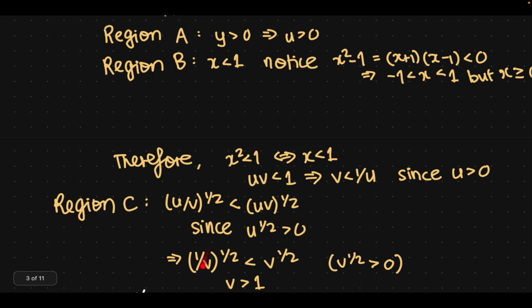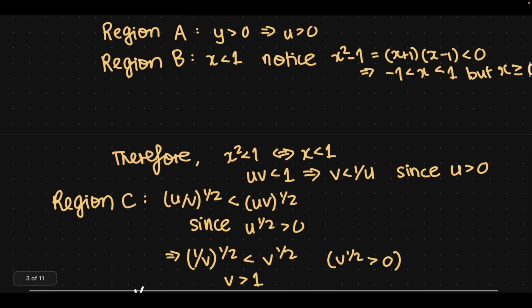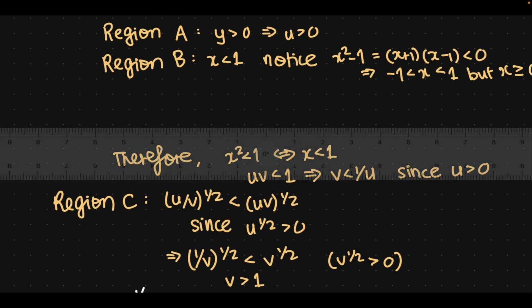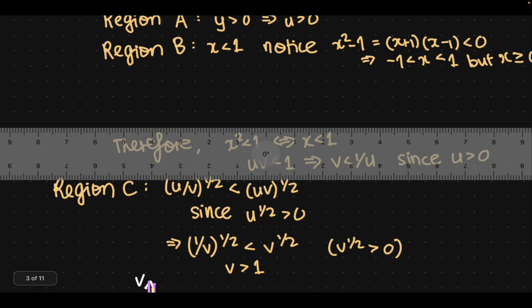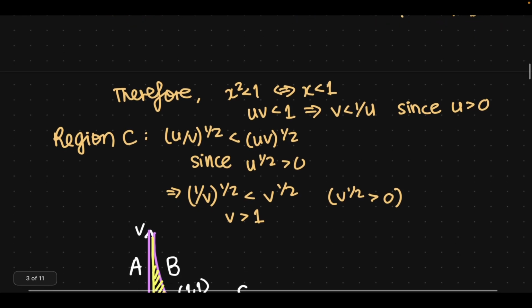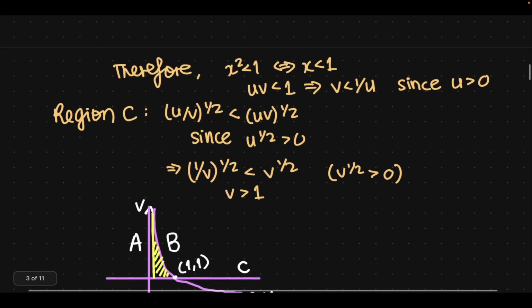Therefore we have 1 over v to the 1/2 power less than v to the 1/2 power. Now notice that v to the 1/2 power is greater than 0 because again square roots we're considering to be positive here. So we're going to have v is greater than 1, just simplifying things.